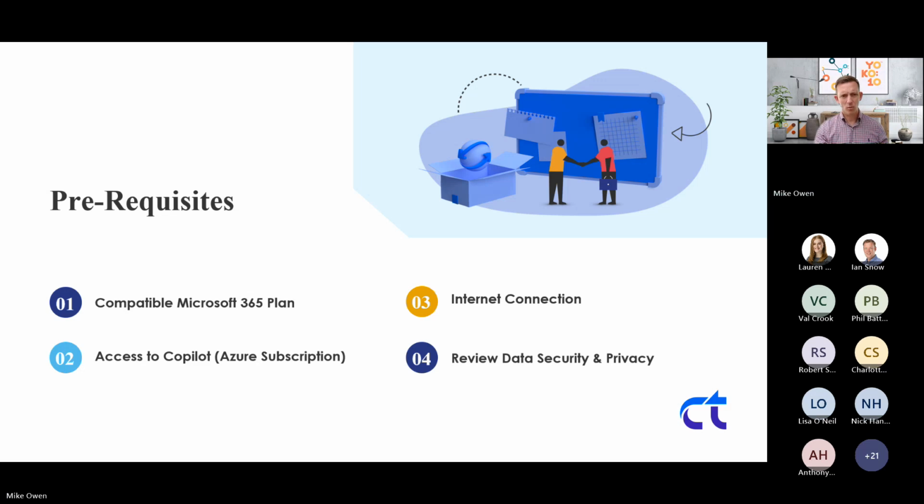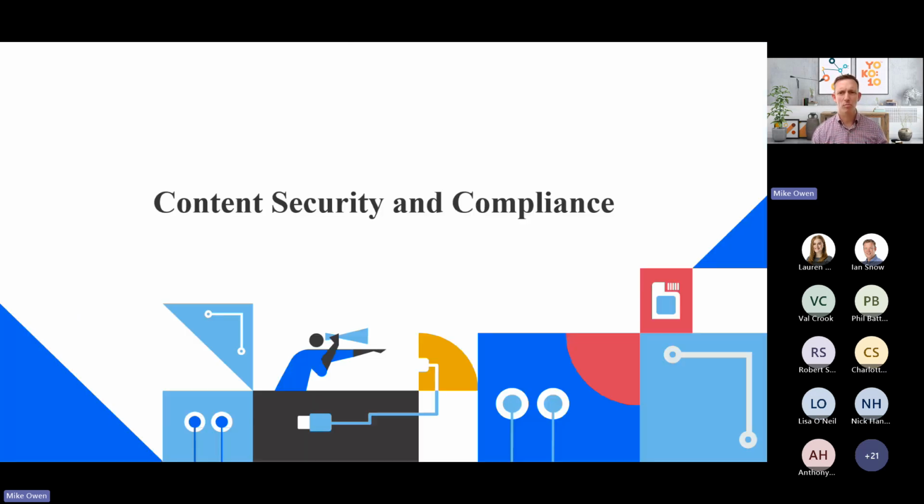Because when you are asking a question to Copilot, Copilot is looking at all of the content that you have access to. So we've got to be very careful in terms of the setup of your organization to make sure you've only got access to the right material. So let's have a little look into that section a little bit more.